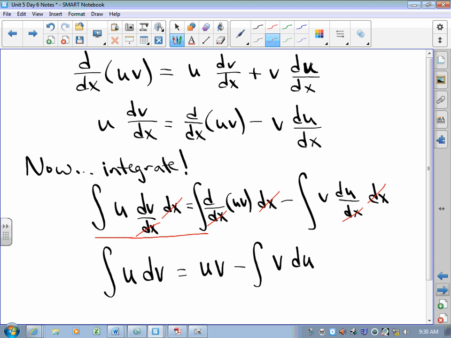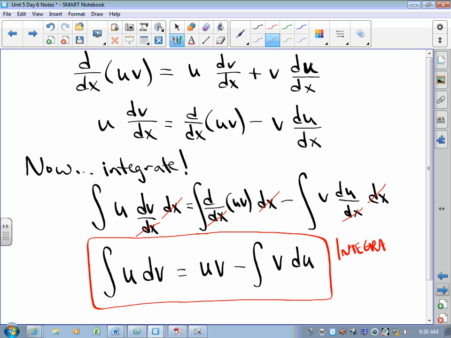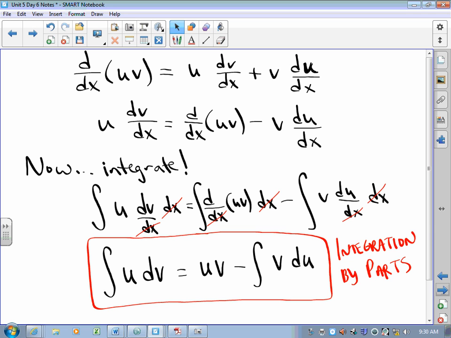This equation is going to give us our skeleton for what we call integration by parts. This is the kind of thing that you want to have memorized. What does it help us to do?